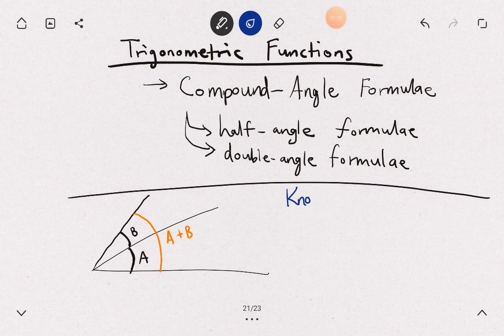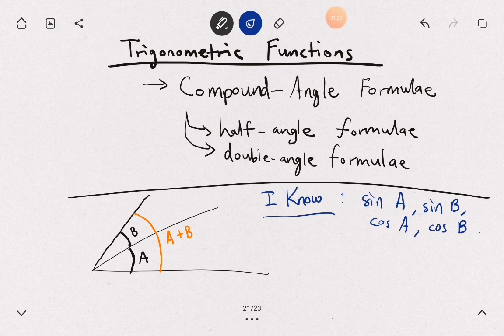Okay, so now assume I know sine A, sine B, cosine of A, cosine of B. Okay, I want to know sine of A plus B, meaning this angle.